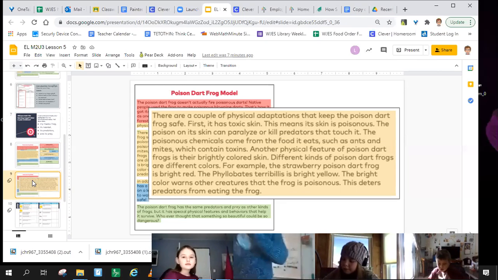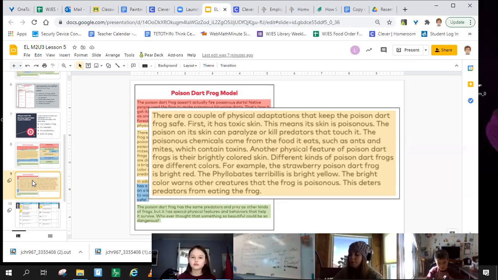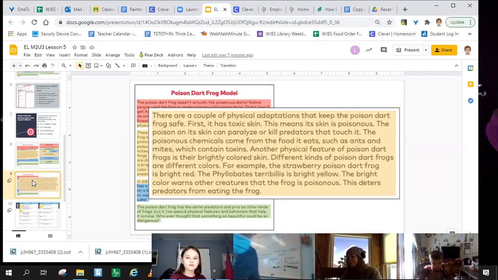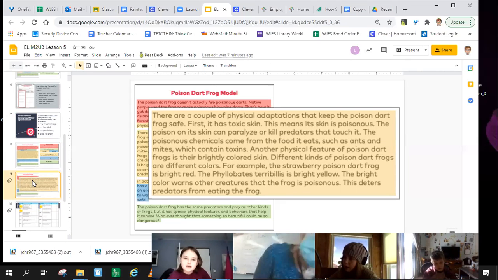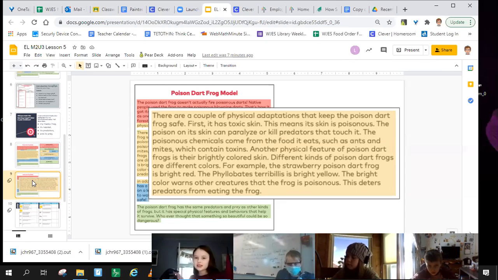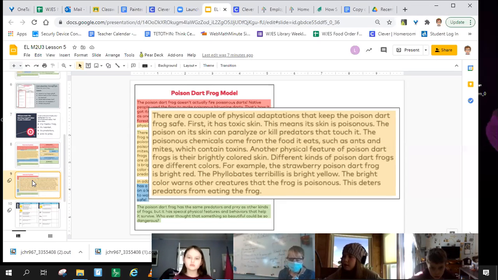There are a couple of physical adaptations that keep the poison dart frog safe. Our whole idea is about adaptations. What makes your frog unique? I see some hands on computers. Thank you. The first paragraph is all yellow, right? It is about physical adaptations. What are physical adaptations?